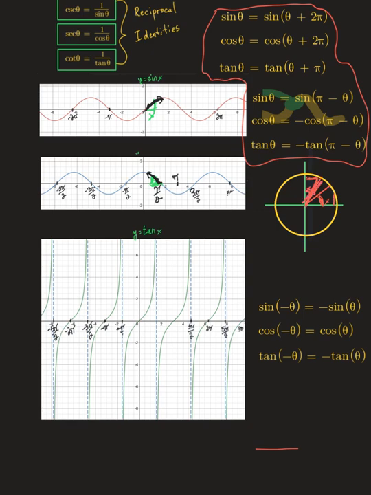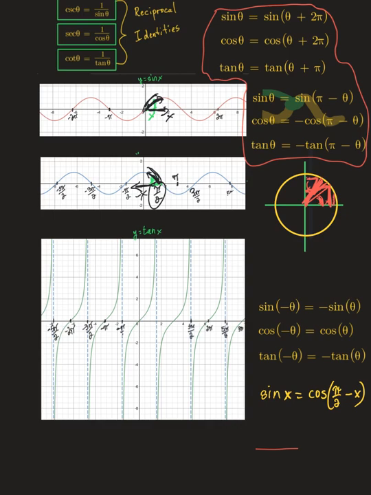So as this guy goes up, the height gets larger, and this guy goes this way, the height gets larger. So we could actually say that the sine of any angle x is equal to the cosine of pi by 2 minus x.